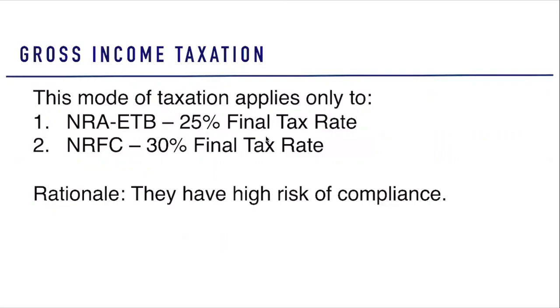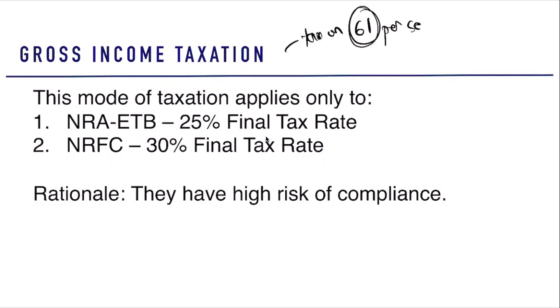And here we have gross income taxation on certain items of passive income. What do we mean by gross income taxation again? A gross income taxation is a tax on the gross income per se, meaning we tax the gross income without any reduction. So whatever is the amount of the gross income, that is the amount that we tax.